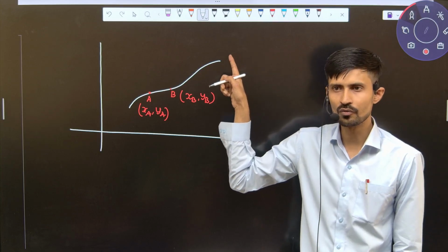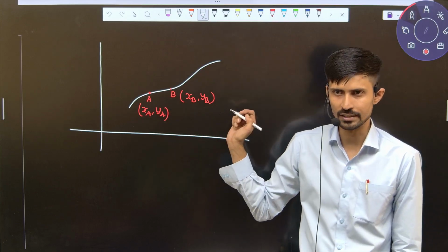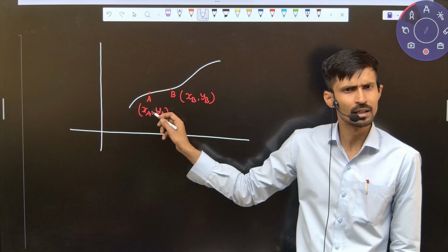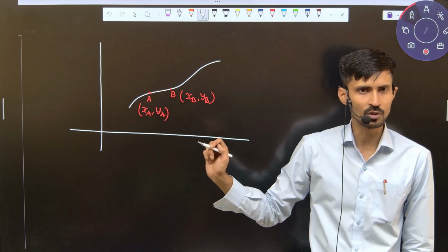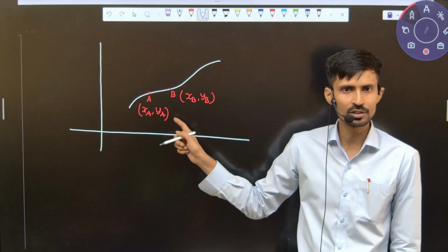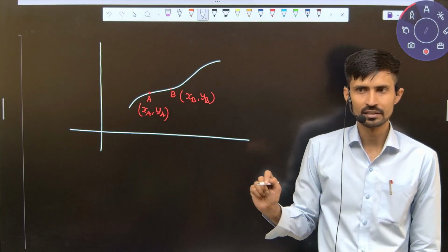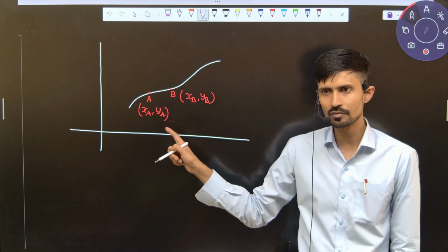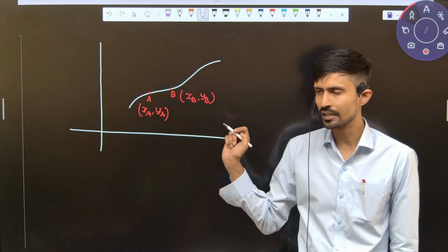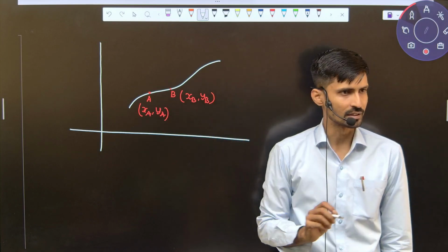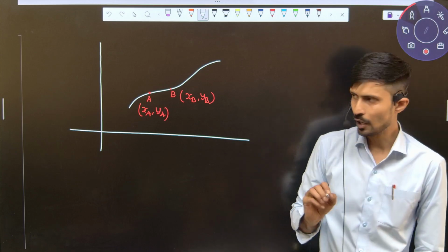If I don't know the function, I will not know the points. That's why I am saying let the x coordinate be some number 1, but that 1 I am representing with x of a. And if the y coordinate is 2, I am representing it with y of a. Same thing for B. So you understood for what purpose I have written x of a, y of a, x of b, y of b? Because we don't know this function.